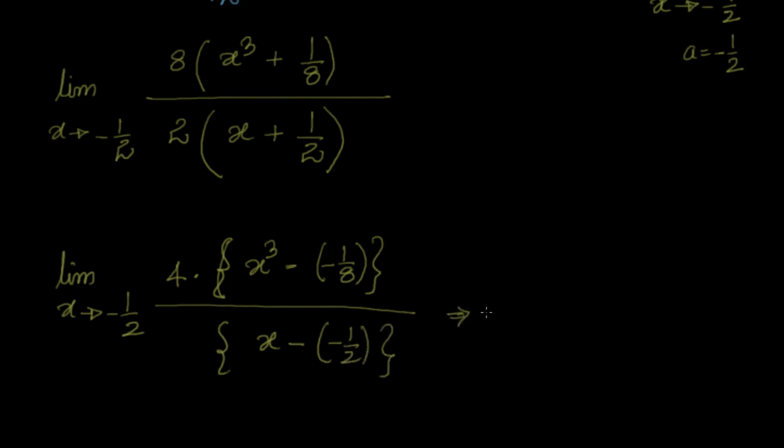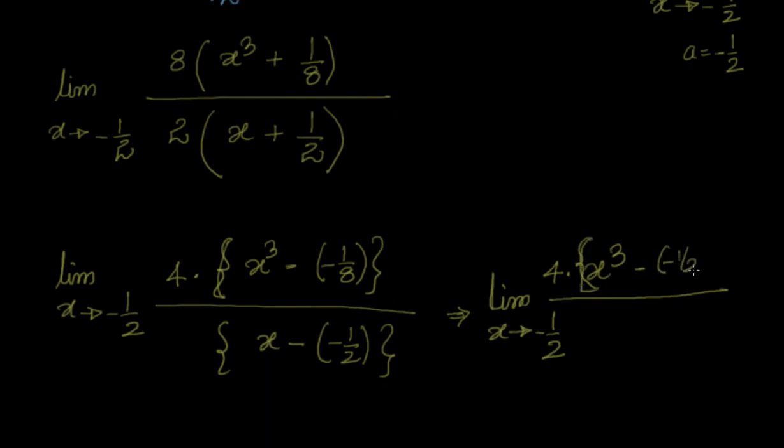So this is nothing but equal to limit x tends to minus 1 by 2, 4 into x cube minus, I'll put a flower bracket, minus 1 by 2 whole cube, divided by x minus of minus 1 by 2.